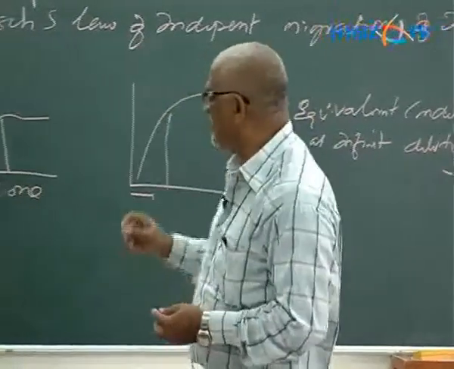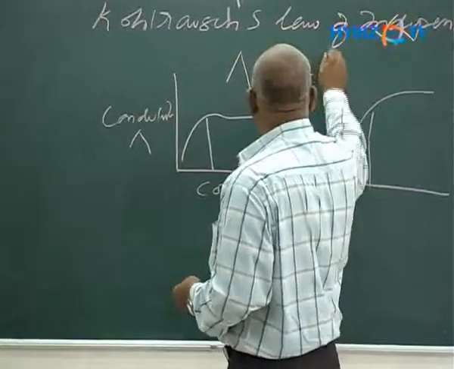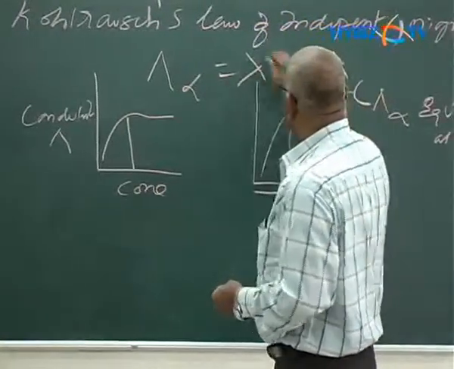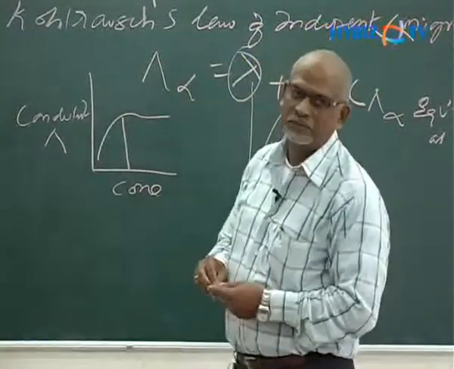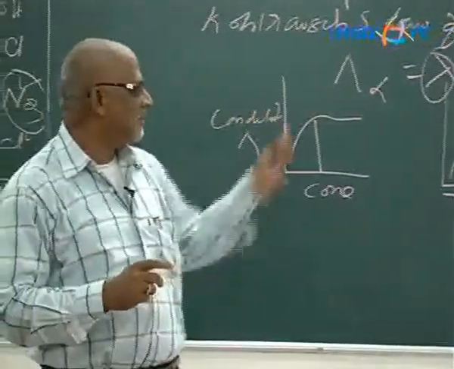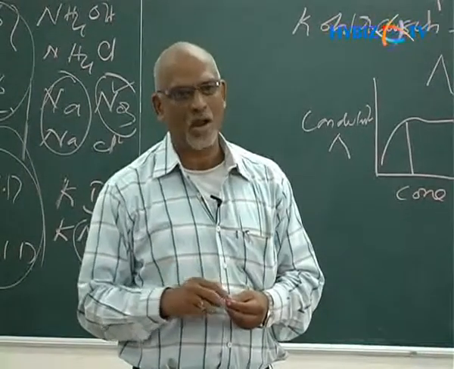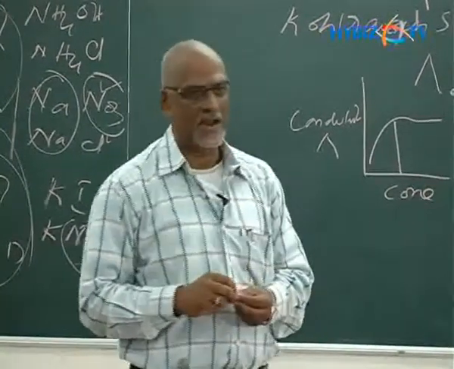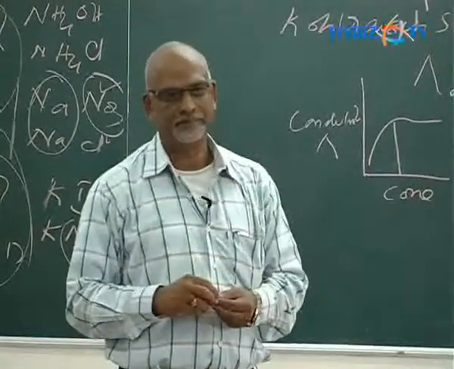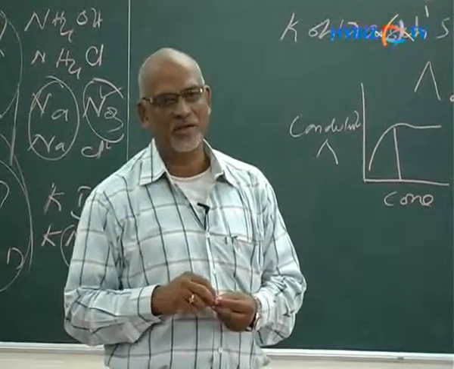The total conductivity at infinite dilution is given by the sum of the contributions, where lambda is the amount of current carried by the anion, and the second is that carried by the cation. So this is your law of independent migration of ions.